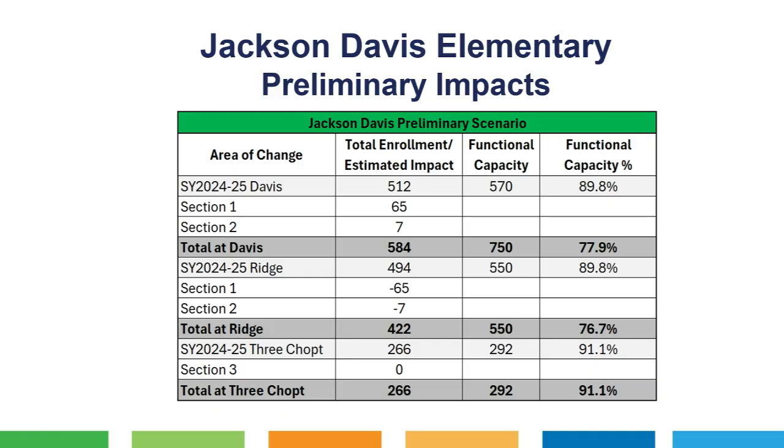And for Ridge, the estimated enrollment is 422 students, and the functional capacity is approximately 76%. These estimated impacts are based on the 2024-25 numbers for these areas, and final impacts may look slightly different. Again, Section 3 currently does not have any students, and while these parcels could yield students in the future, those figures are not impactful at this time.